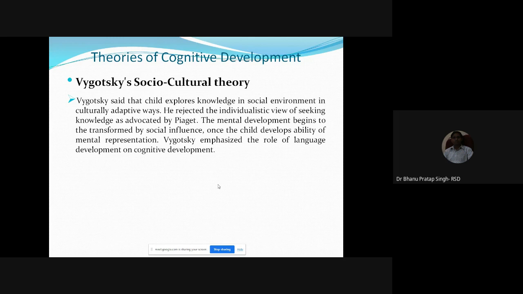So he emphasized that the child should be developed in a social environment, in a cultural environment.